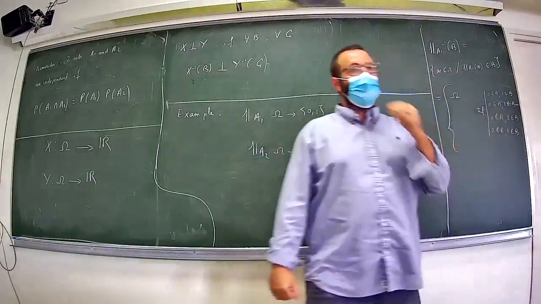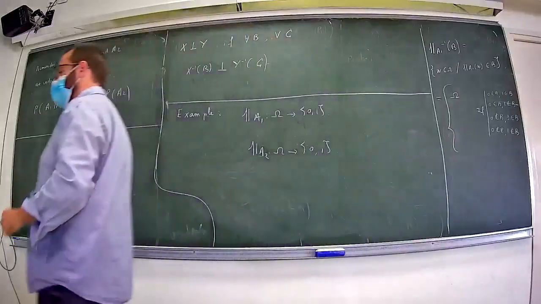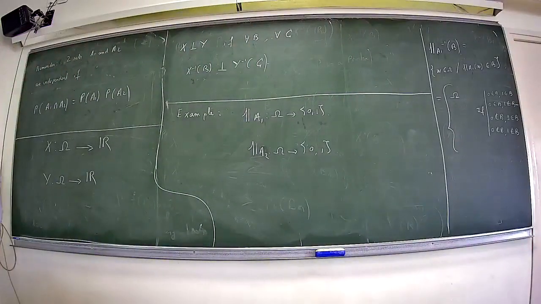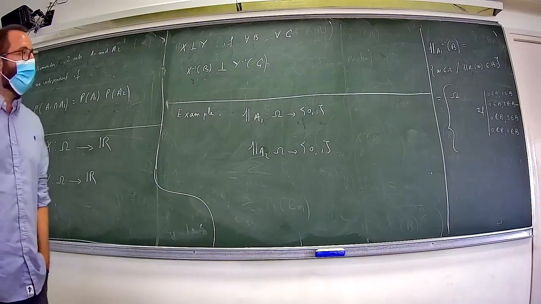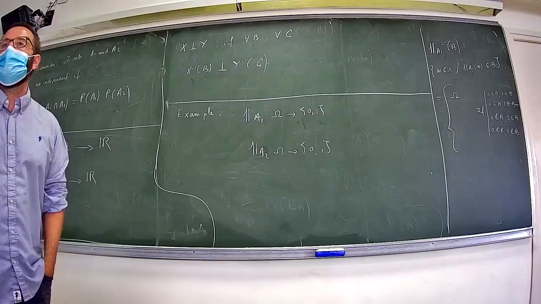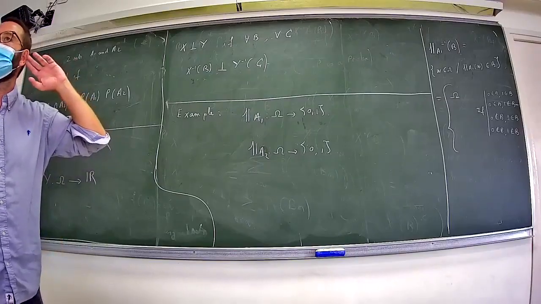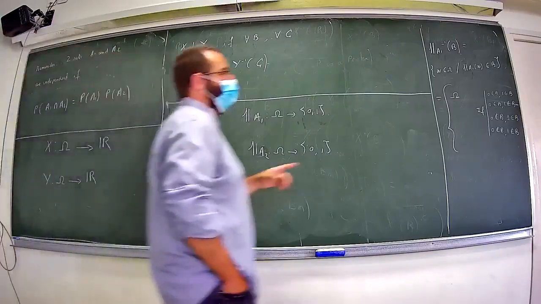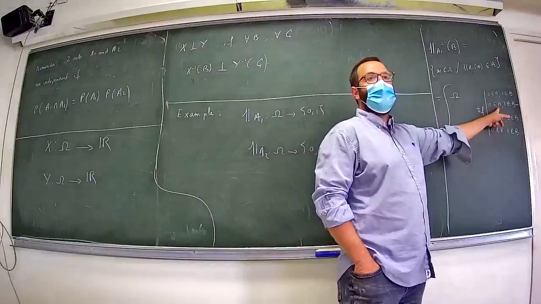What happens if 0 belongs to B and 1 doesn't? What are the elements of omega with a value equal to 0, in fact? Not the empty set, because I can take 0 as a value.